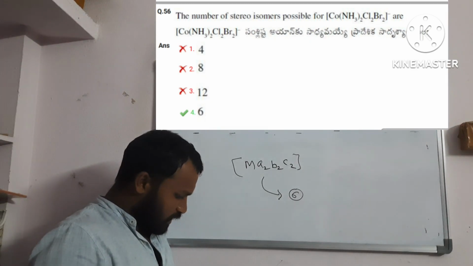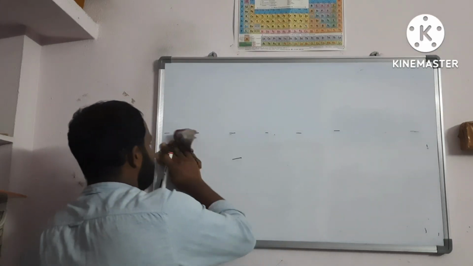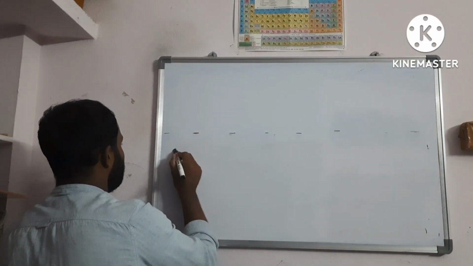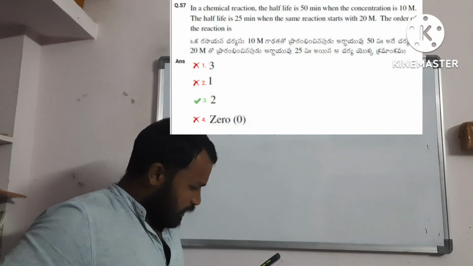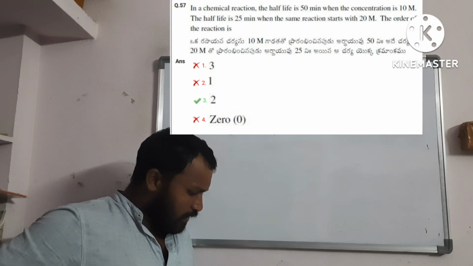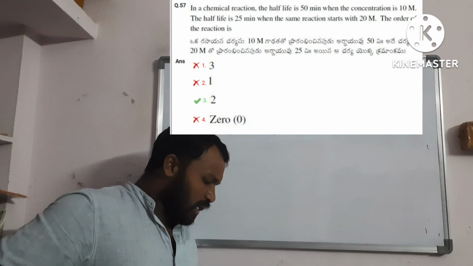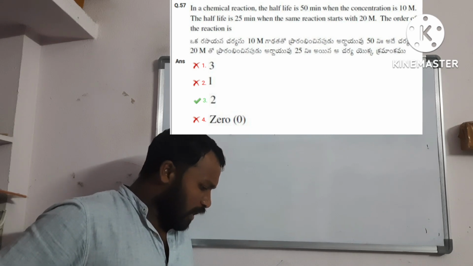Next, 57. In a chemical reaction, the half-life is 50 minutes when the concentration is 10 M. The half-life is 25 minutes when the same reaction starts with 20 M. What is the order of the reaction?